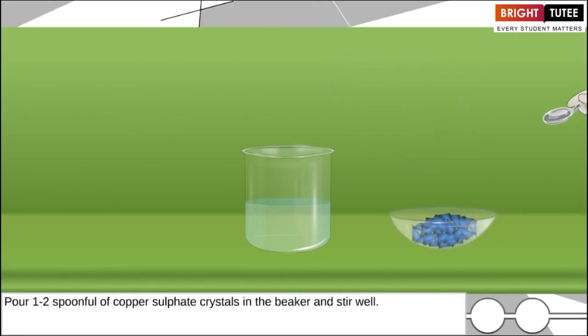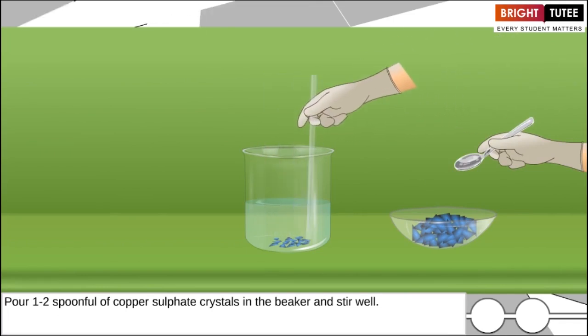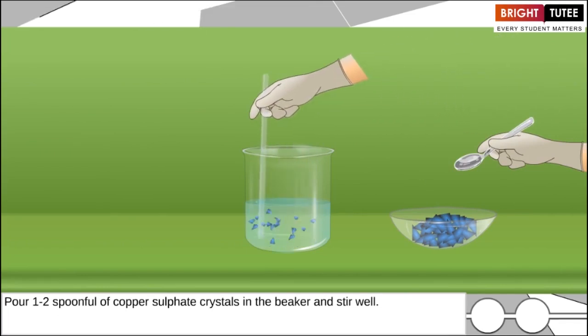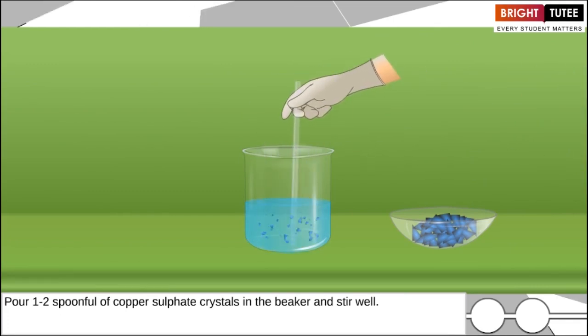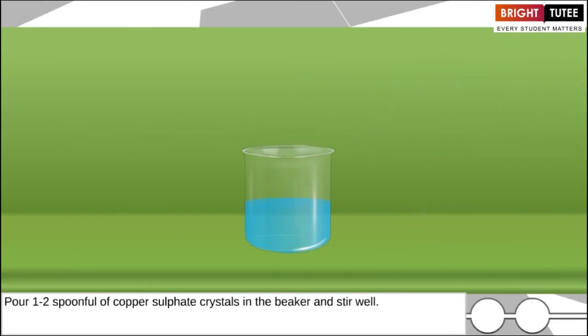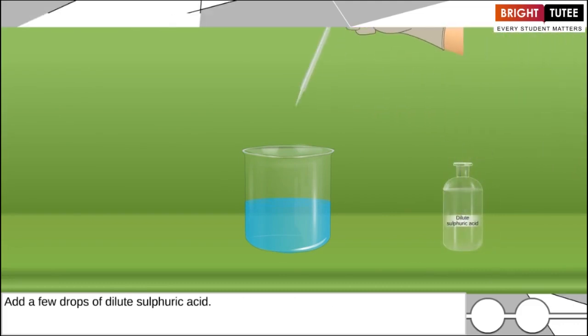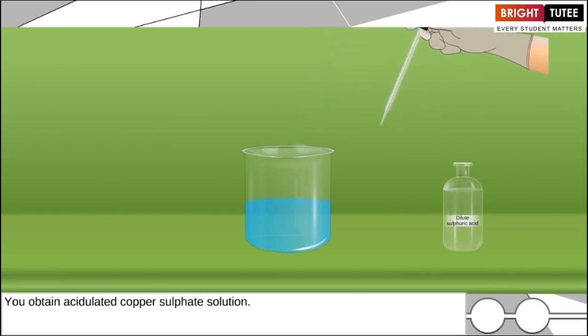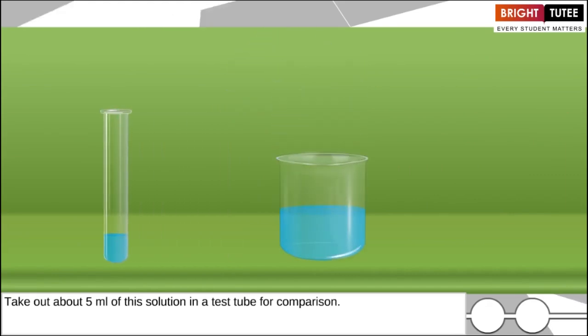Pour 1 to 2 spoonfuls of copper sulfate crystals in the beaker and stir well. Add a few drops of dilute sulfuric acid. You obtain acidulated copper sulfate solution. Take out about 5 ml of the solution in a test tube for comparison.